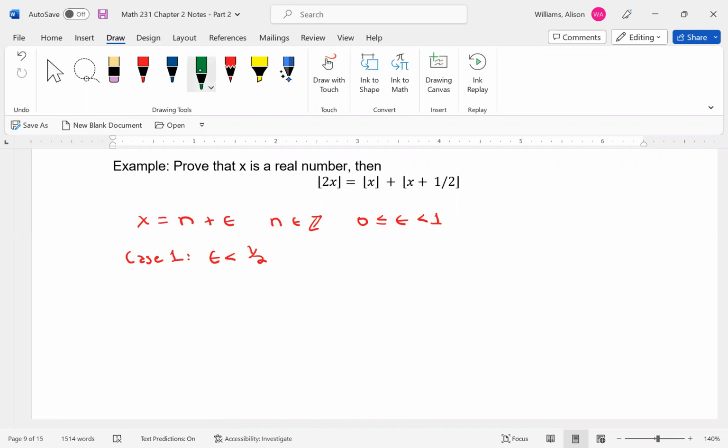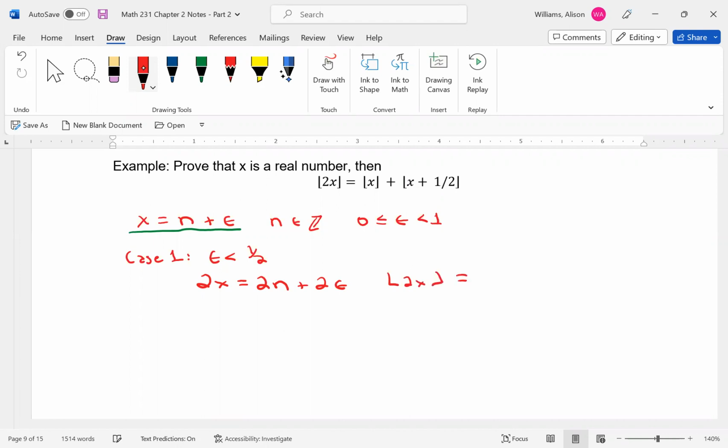All right, but we'll deal with that in a second. Okay, so here we go. So based on this statement right here, 2x equals 2n plus 2 epsilon, right? I just multiplied everything by 2. Now that I did that, I want to look at what the integer function is for 2x.